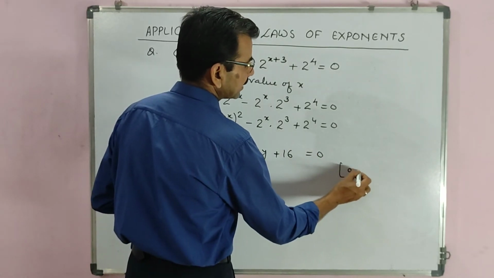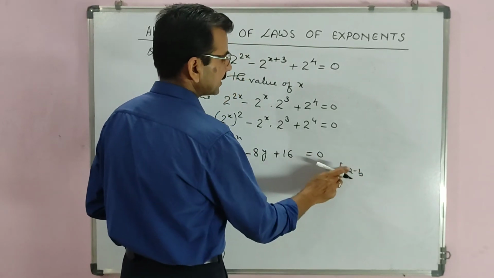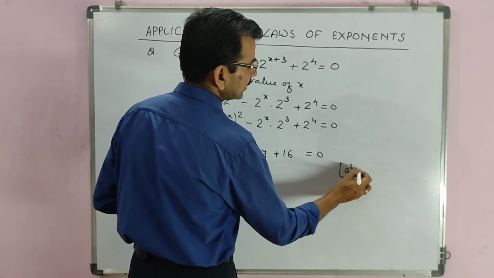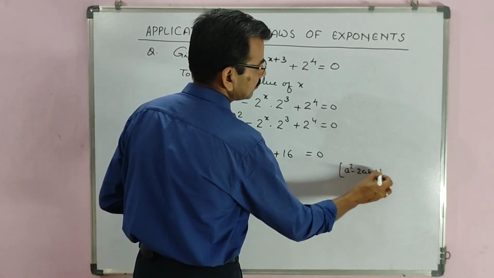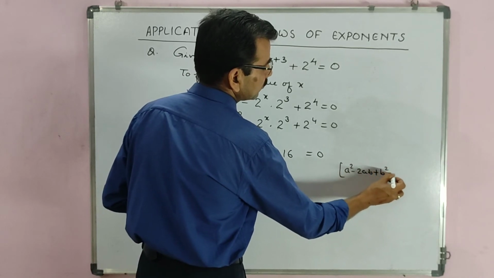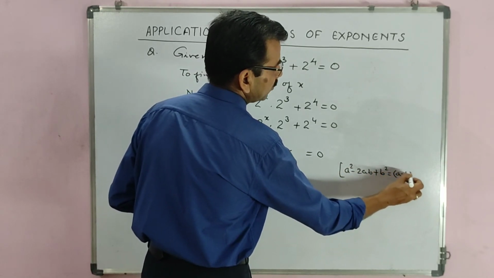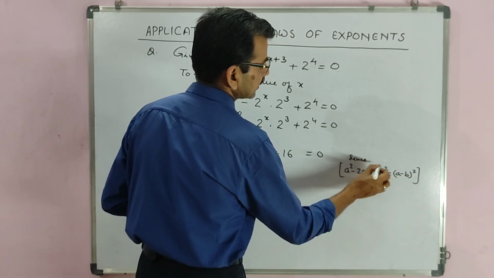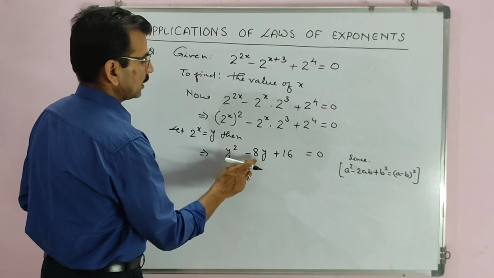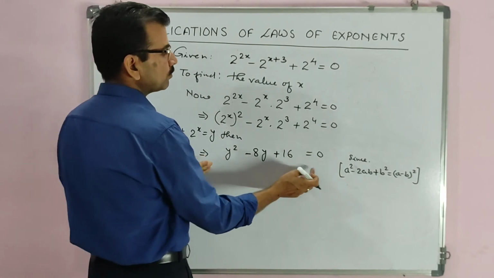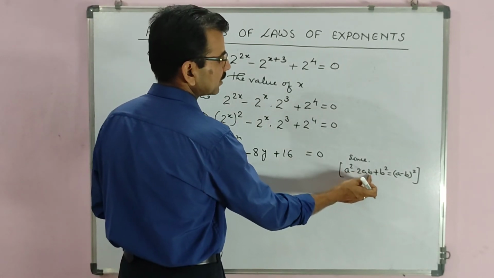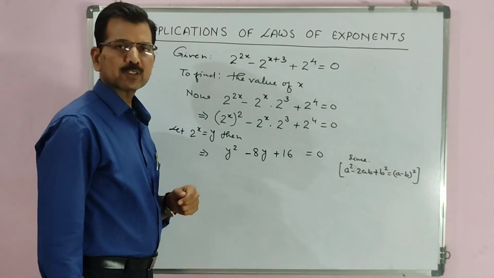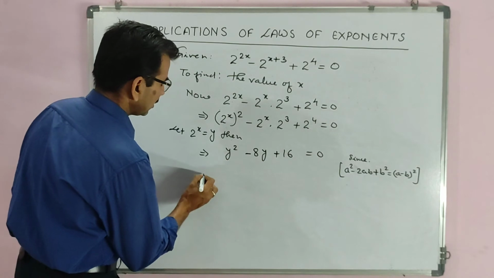We write it in this form: a square minus 2ab plus b square is equal to (a minus b) whole square. We are trying to bring it into the form a square minus 2ab plus b square, and for that we can write (a minus b) whole square.